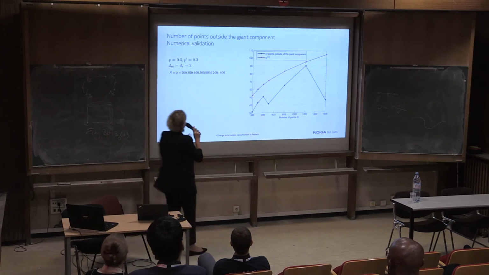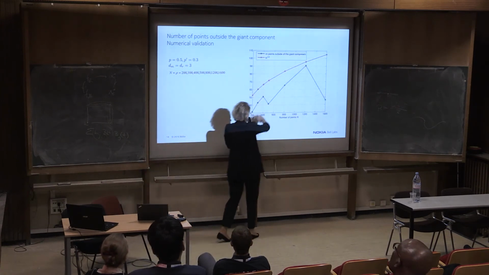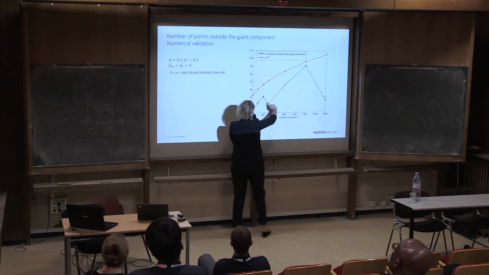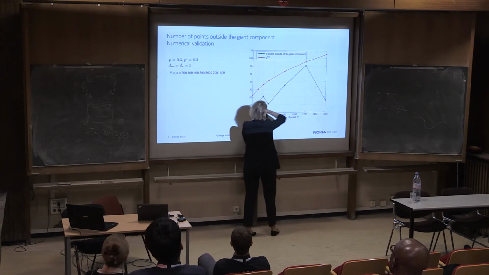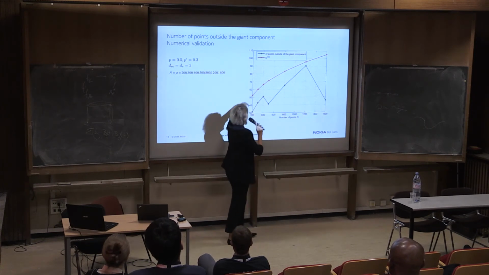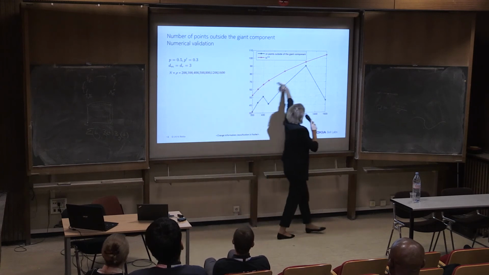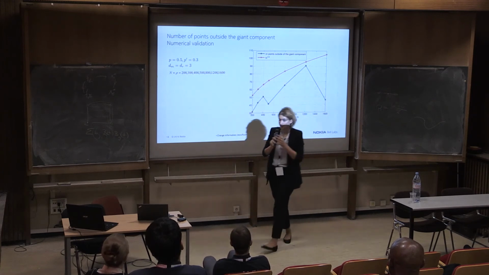So let's look at this number of nodes outside the giant component. It's not a very clearly increasing function, but with the increase of the number of points, the fraction of points outside the giant component goes towards 0, and furthermore, it follows the scaling law that we computed.